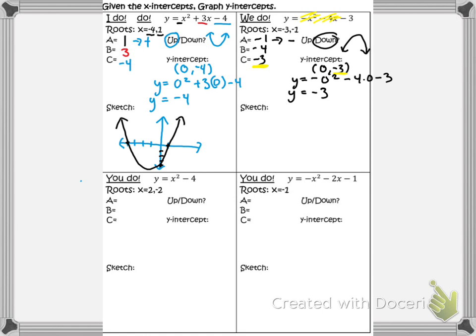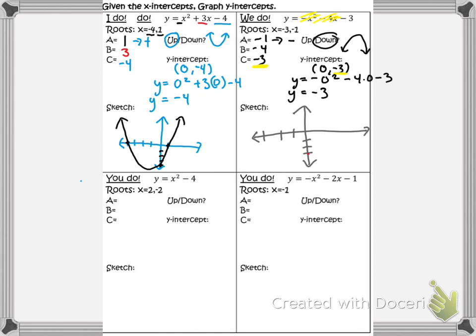Alright, now I'm making a quick sketch. Go ahead and make a quick sketch on yours before you look at mine. Alright, does yours look like this? So quick sketch. Let's go, negative 1, negative 2, negative 3. And our y-intercept is at 0, comma, negative 3, so 1, 2, 3.